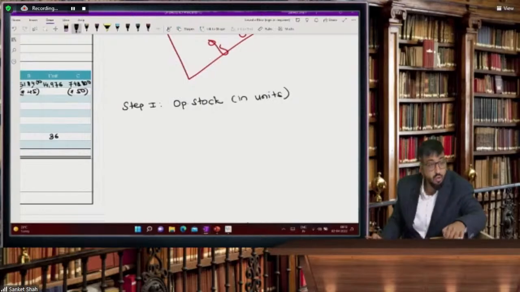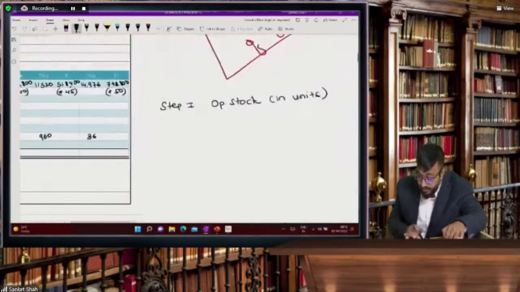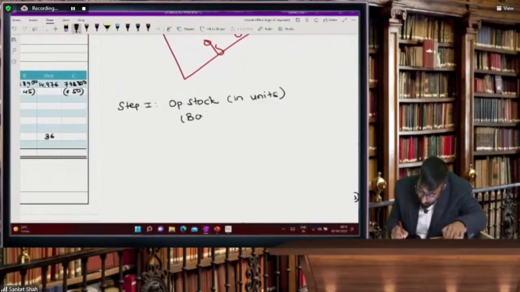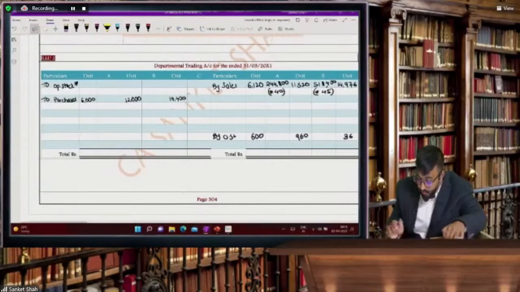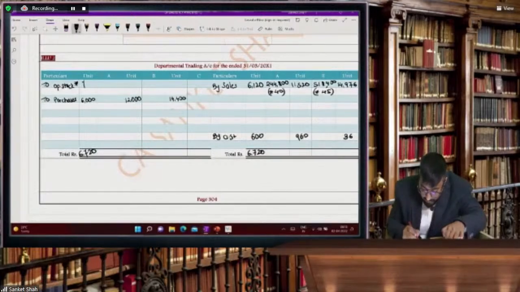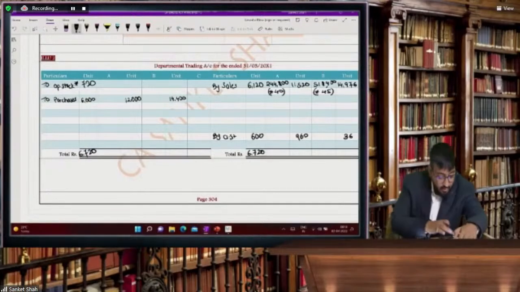This is step number 1, balancing figure of units. Yes, beta, 6120 plus 600, 6720, and this is 720. 720 is correct, beta. Next one.